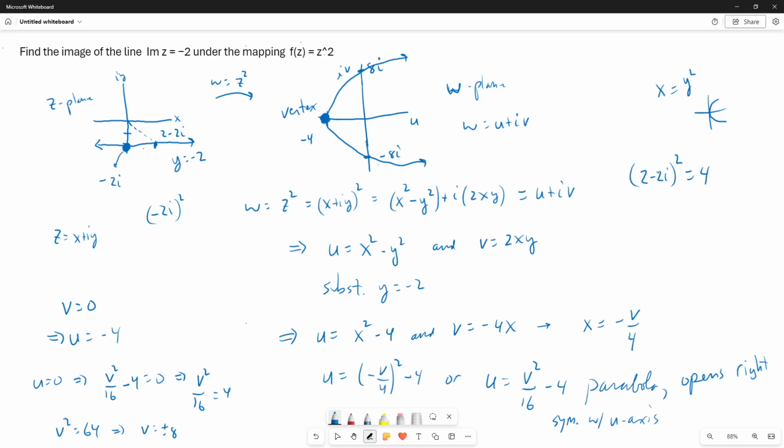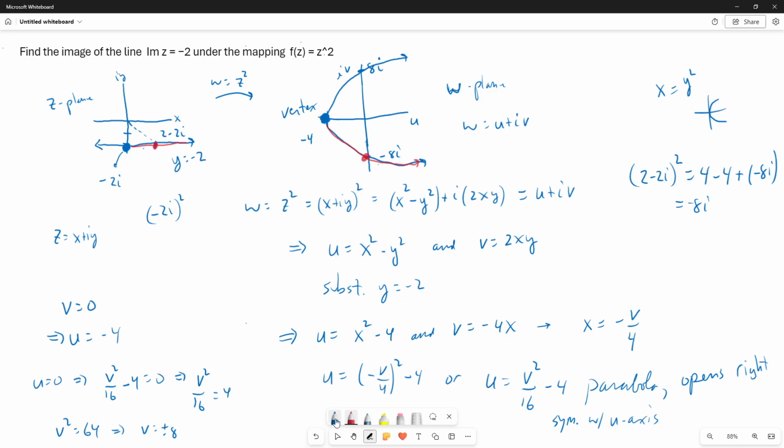Then we have to square this one, and we get 4 times minus 1, we get minus 4, and then we get the cross term, 2 times negative 2i is negative 4i, and we get 2 of those, so negative 8i. And the 4's cancel, and this is negative 8i. So this point, which I'll put in red, gets mapped to this point, which is telling us that this half of the ray is getting mapped to this half of the parabola.